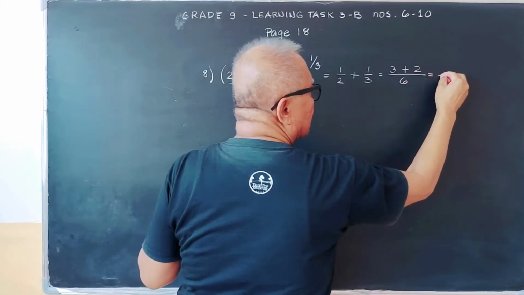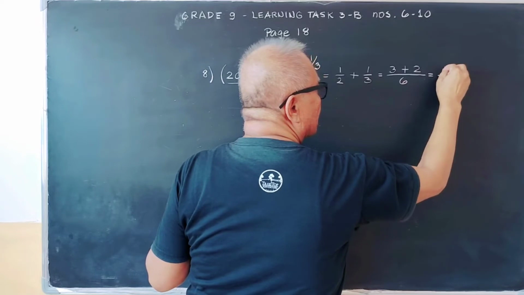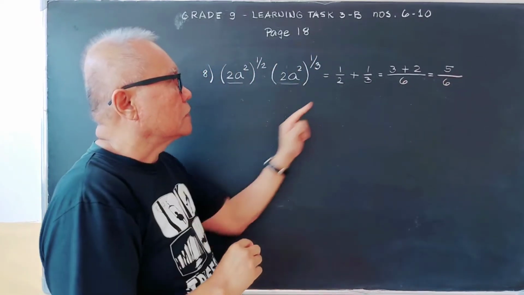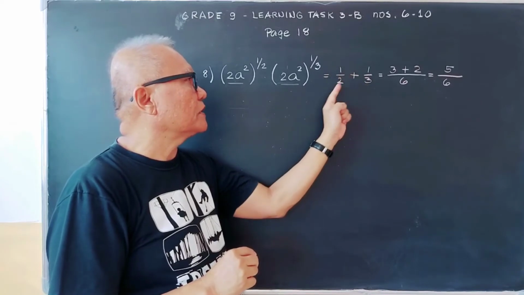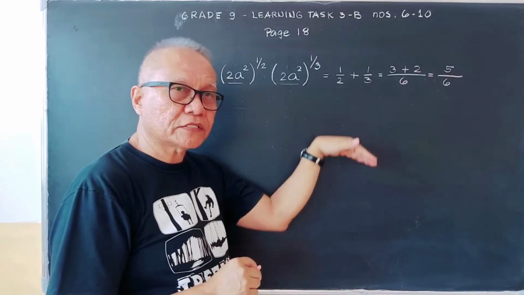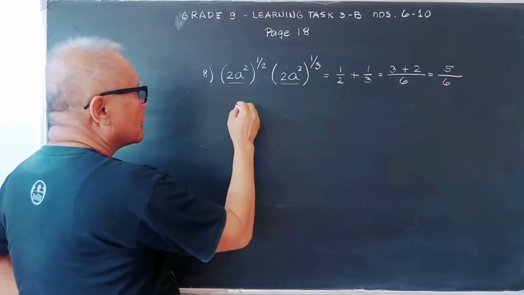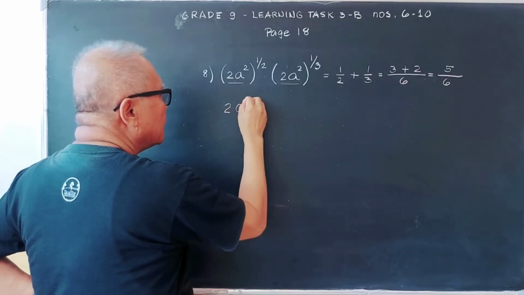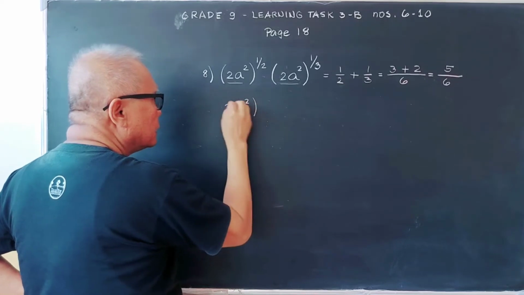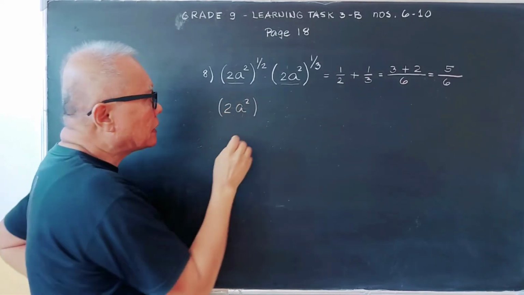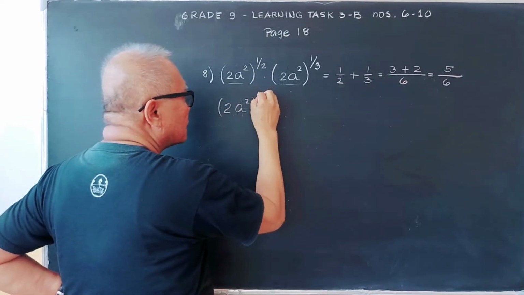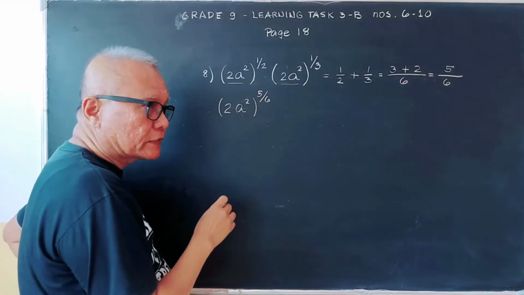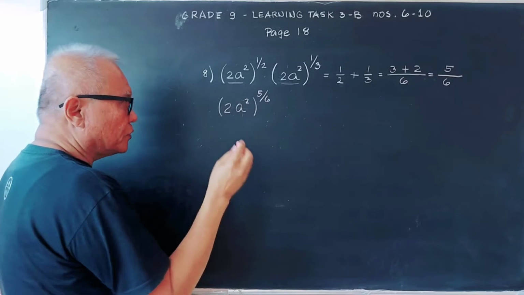And then we add, 5 over 6. Or 3 plus 2 over 2 times 3 is 6. Yun na shortcut doon. So, ito is 2a squared. And then, your exponent nila is 5 over 6. Okay, mag-distribute na tayo.